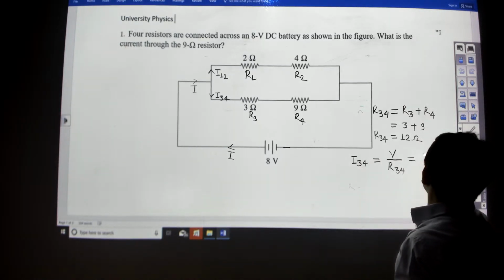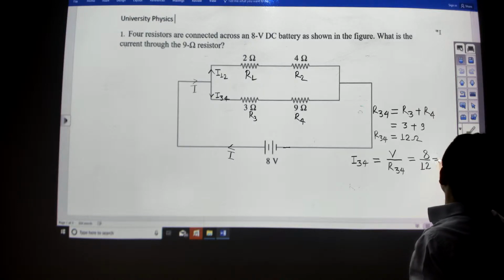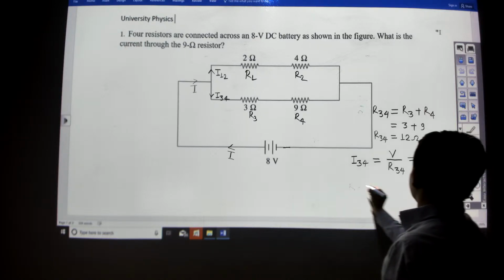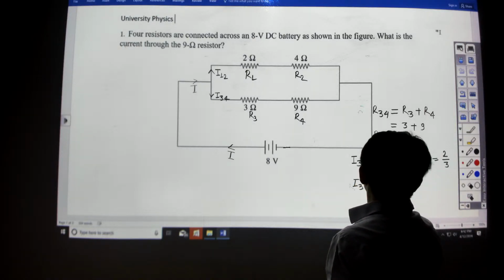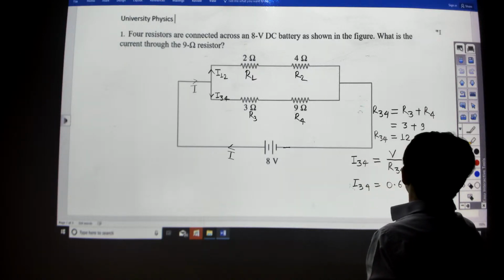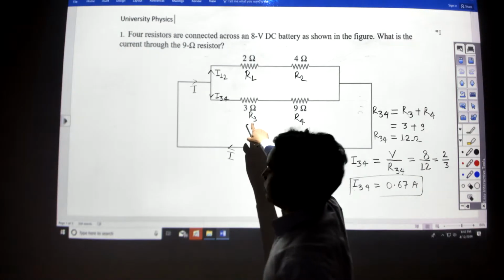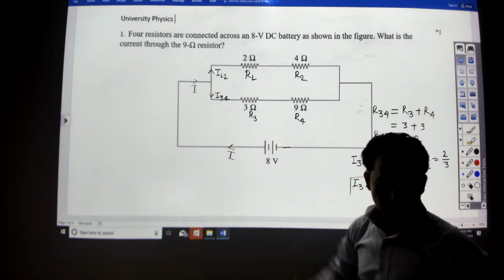So this can be given by 8 divided by 12, which is 2 divided by 3. So I34 is given by 0.67 ampere. That's the answer, because the same current flows through R3 and the same current flows through R4.